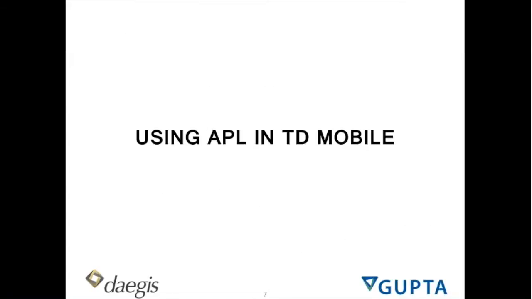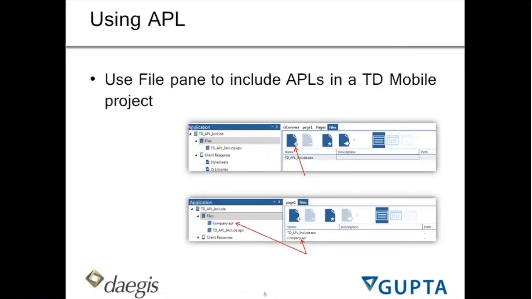So how do you use an APL in TD Mobile? In the TD Mobile IDE, we have an Explorer tree on the left, just like we do in TD. And we have this Files node. The Files node will show you quickly all of the files that make up that TD Mobile application.